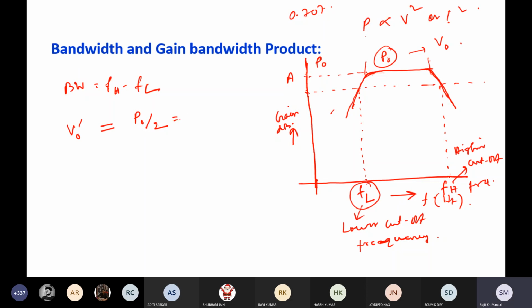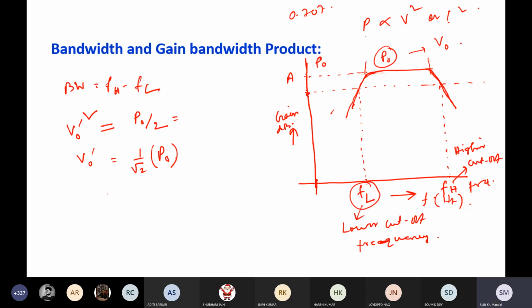So V0 prime square gives the power P0 by 2, and V0 prime becomes 1 by root 2 times V0. So whenever we consider the voltage, it is 1 by root 2 times, which is about 0.707. And if you take the square of this, for the half power point, it is 0.5.